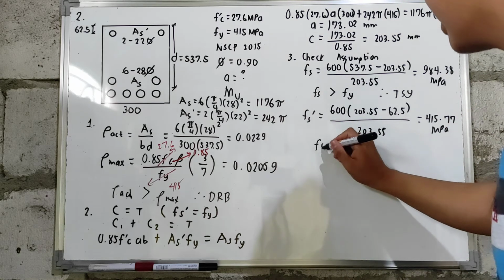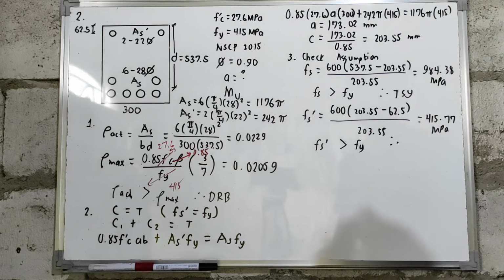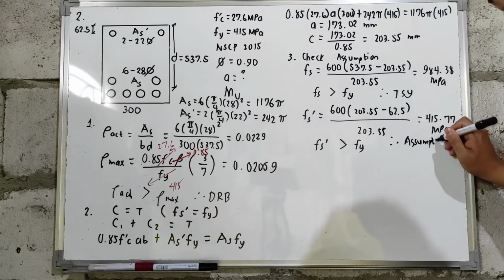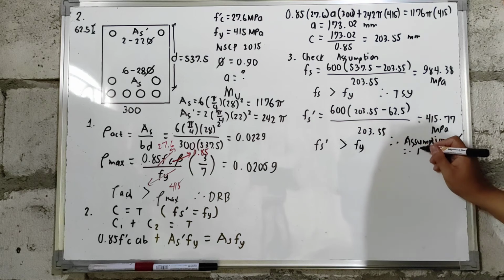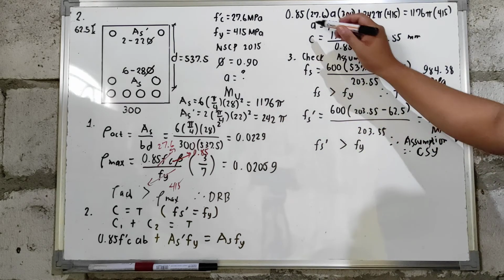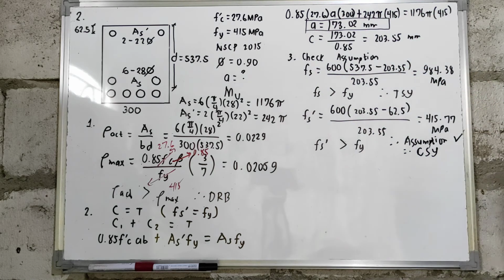Since our Fs prime is greater than the value of Fy, the assumption is correct. Compression still yields. So since our assumption is correct, the value of A that we got from the procedure is correct. So the value of A is now equal to 173.02.